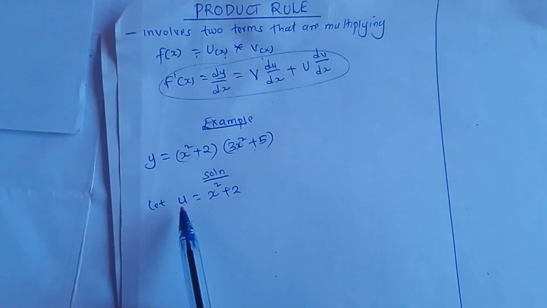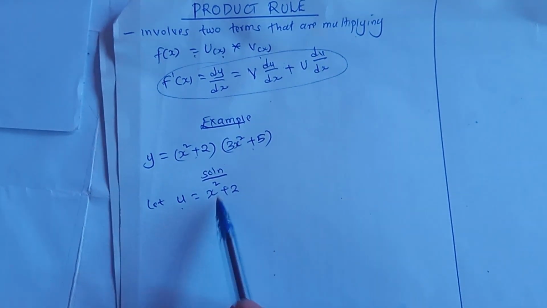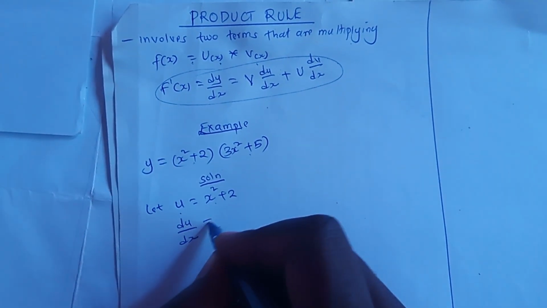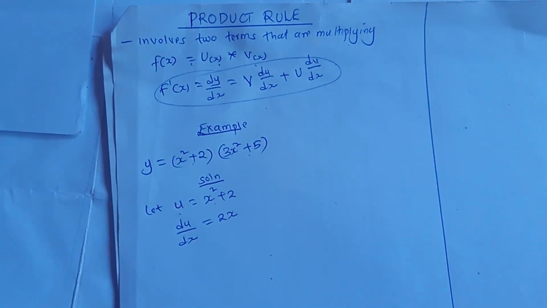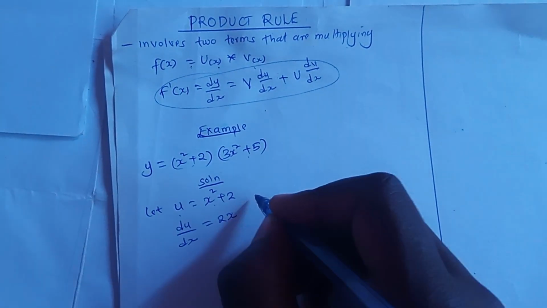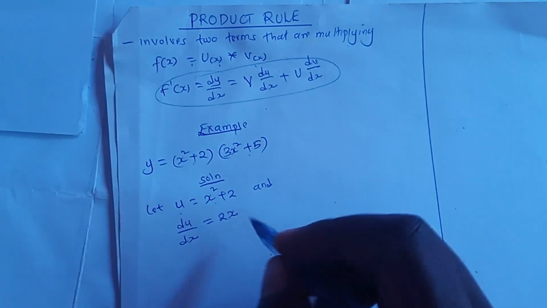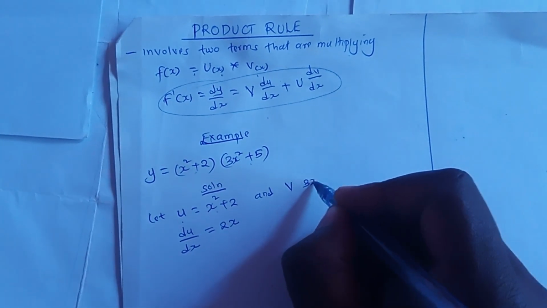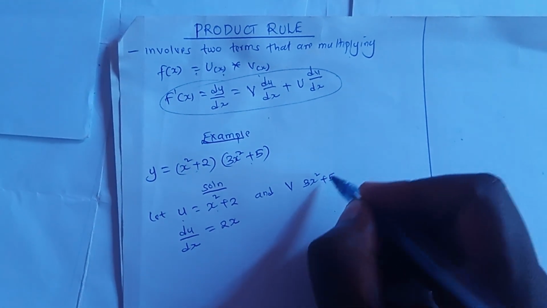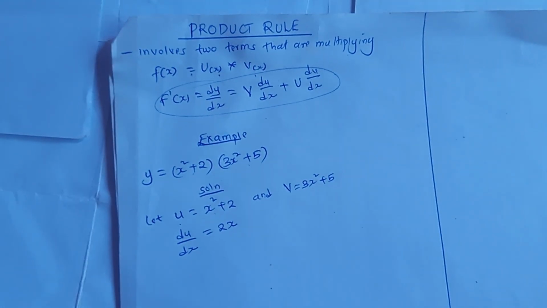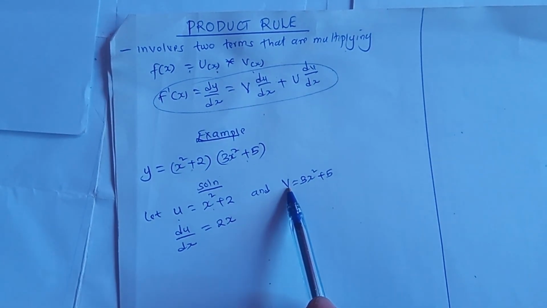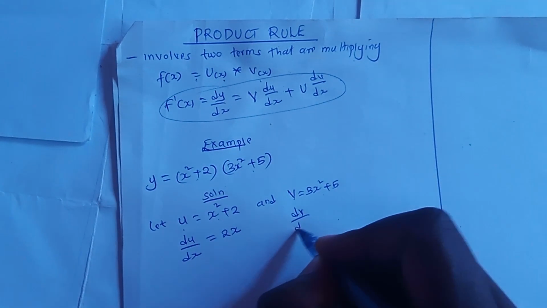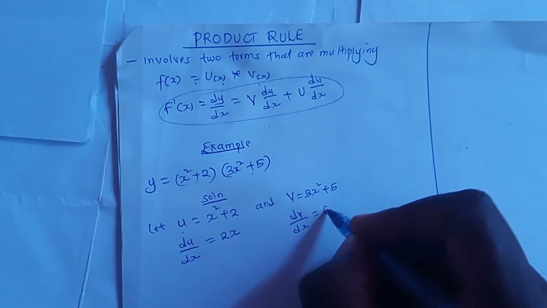If we differentiate u with respect to x, we shall have du out of dx being equal to 2x. Also let v be equal to the second term, which is 3x squared plus 5. The same, if we differentiate v with respect to x, we shall have dv out of dx being equal to 6x.